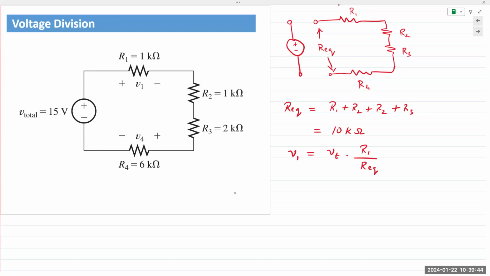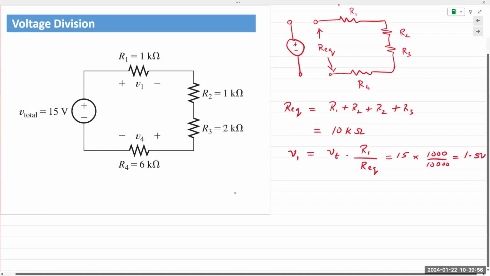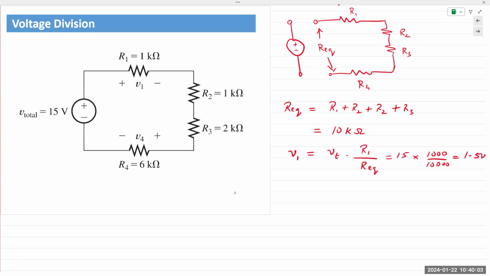So simply 15 times R1 divided by Req, or 1.5 volts. Okay, 1.5 volts. Easy enough, right? Again, series parallel analysis, we reduce everything down to one single resistance.